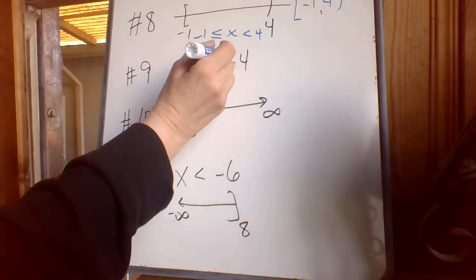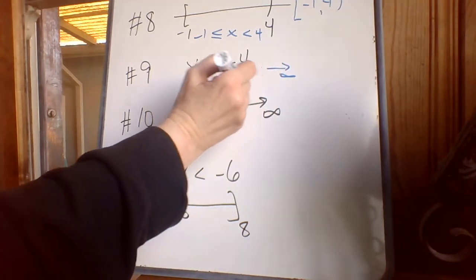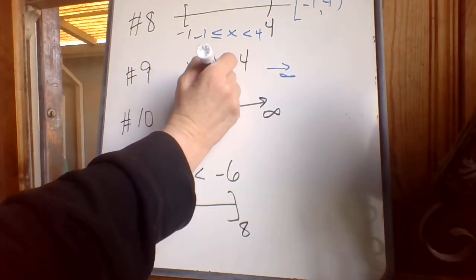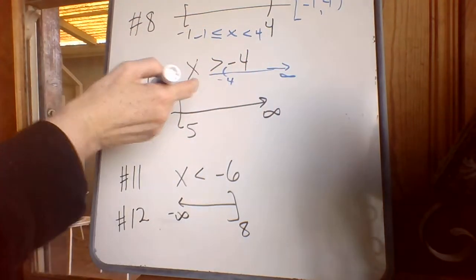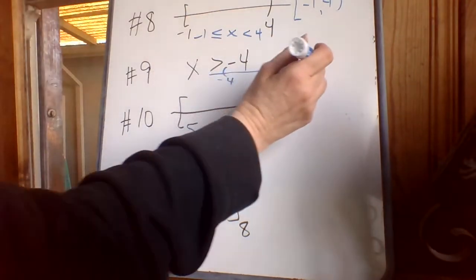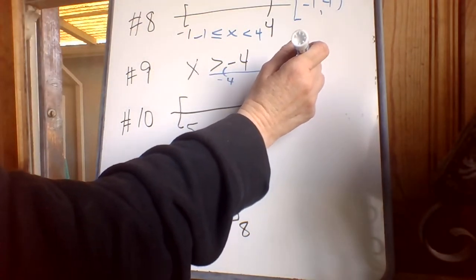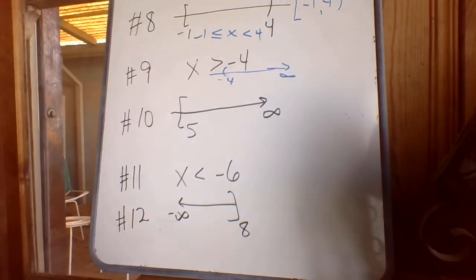All right, greater than, that's an arrow going that way. Out to infinity. Okay, and there's a -4 over here. And it's a parenthesis since it didn't say or equal to. All right, and then I need to write out, well, on number 9, all I need is a number line.